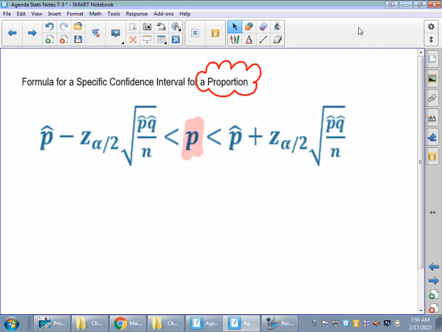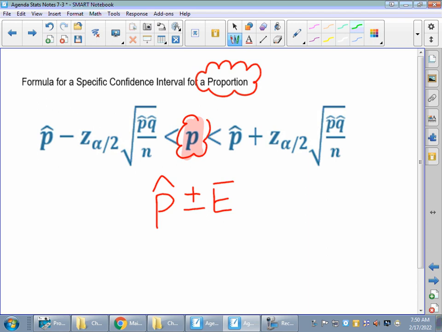And on the other side of that interval, it's p hat plus our z value times the square root of p hat times q hat over n. So technically, if you like to shorten things up, it's p hat plus and minus our margin of error. Make sure that you put the population proportion in the center of your interval.